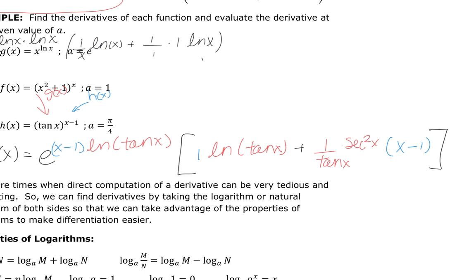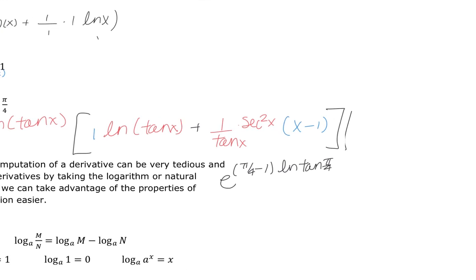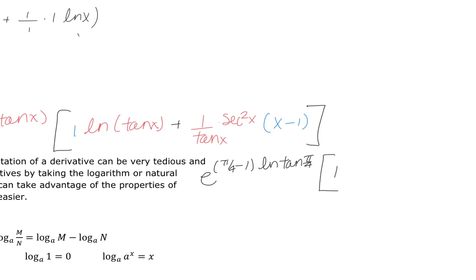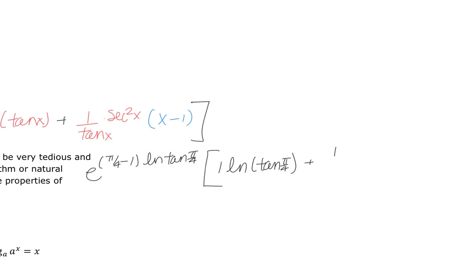Now I'm ready to evaluate this, and so I'm going to have e raised to the pi over 4 minus 1, the natural log of the tangent of pi over 4, multiplied by 1 times the natural log of the tangent of pi over 4, plus 1 over the tangent of pi over 4, the secant squared of pi over 4, multiplied by pi over 4 minus 1.